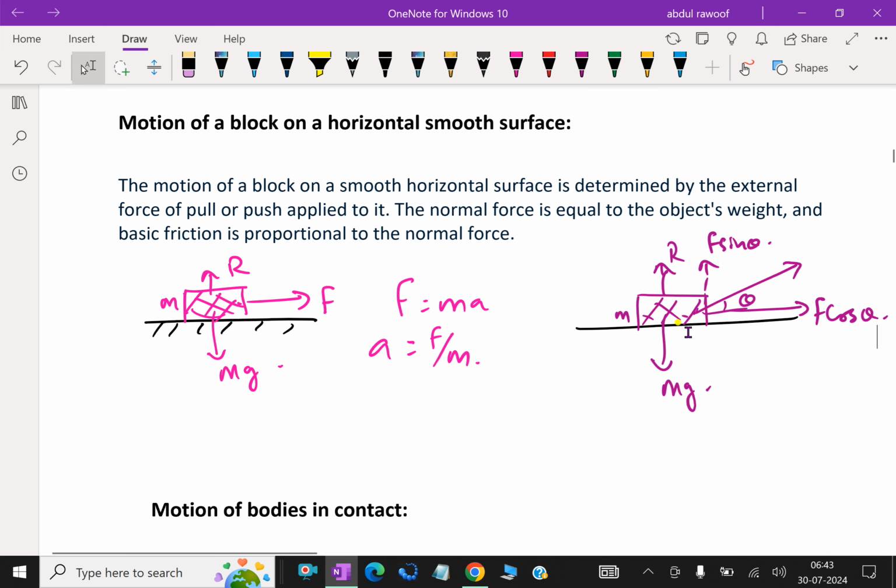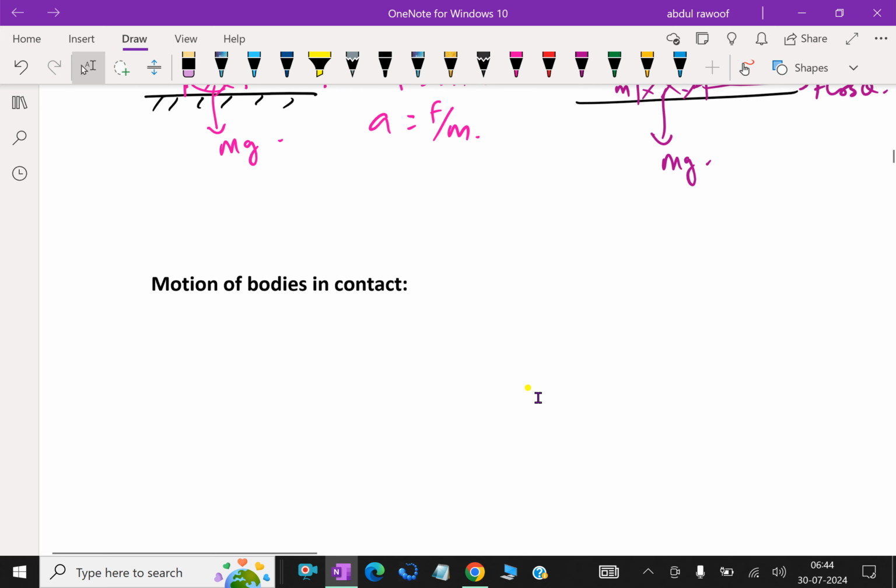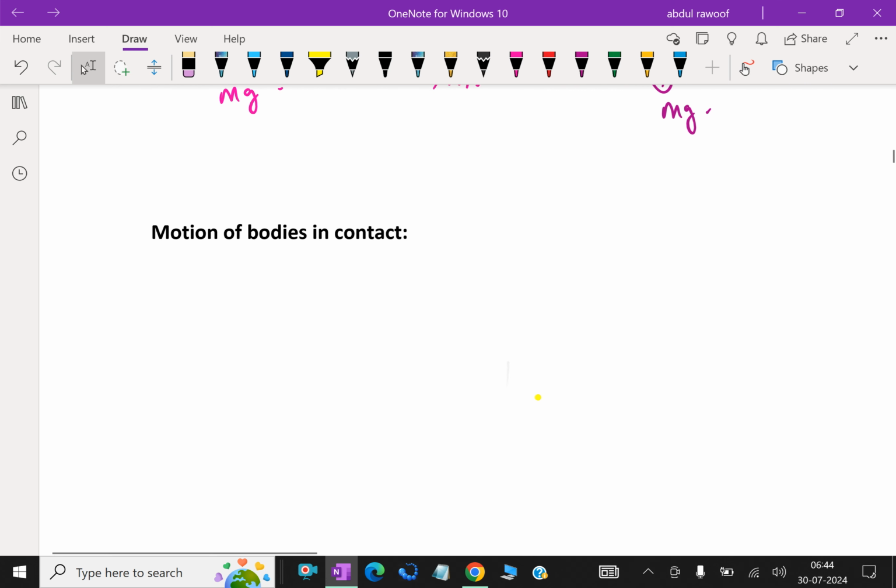Here mg equals R, and the force applied has a horizontal component F cos theta and a vertical component F sine theta.